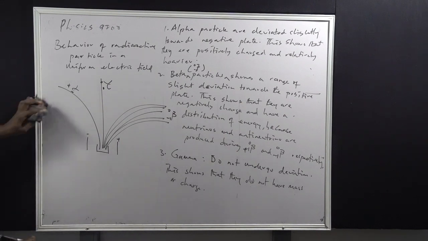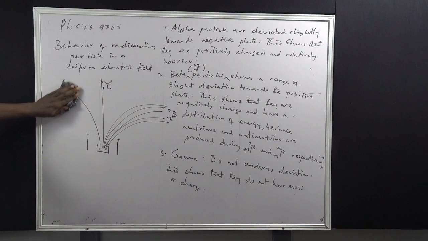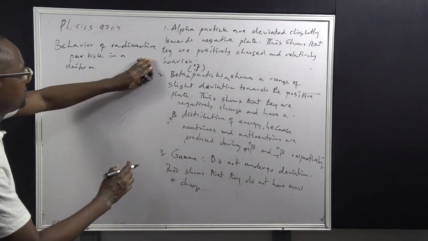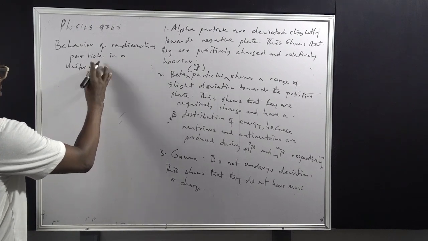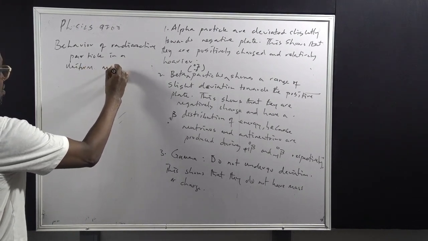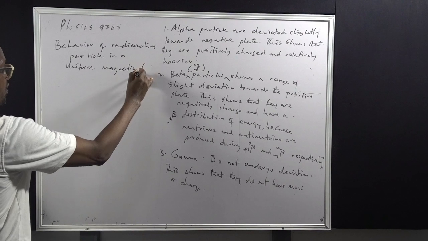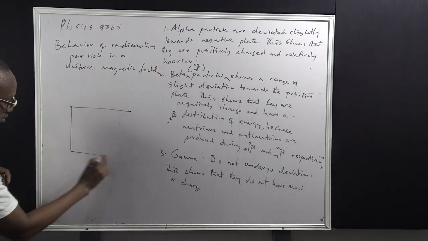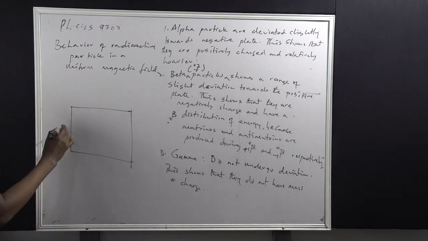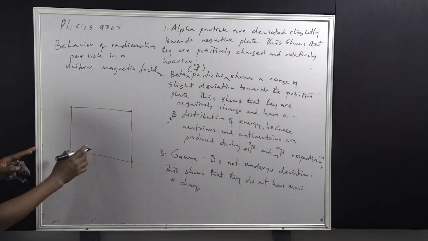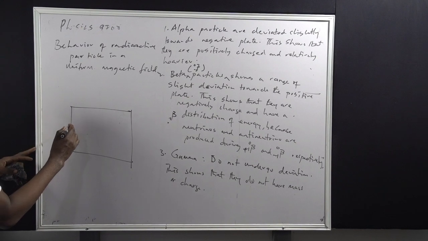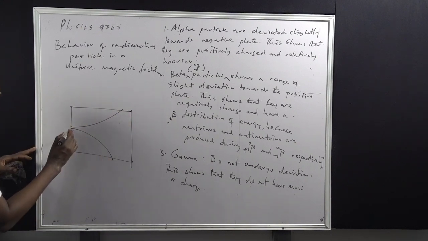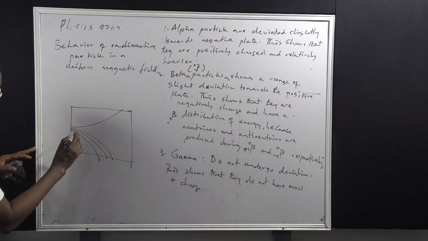Now, another thing I want to show is the behavior of radioactive particles in a uniform magnetic field. So if you have a uniform magnetic field and I have alpha particles, beta particles, and gamma rays in this region, alpha particles show slight deviation, beta particles show a range of deviation for the same reason.